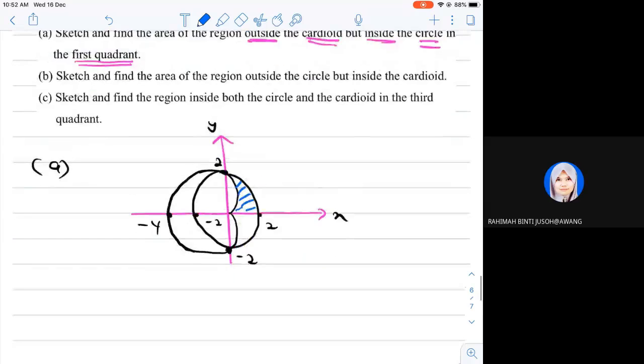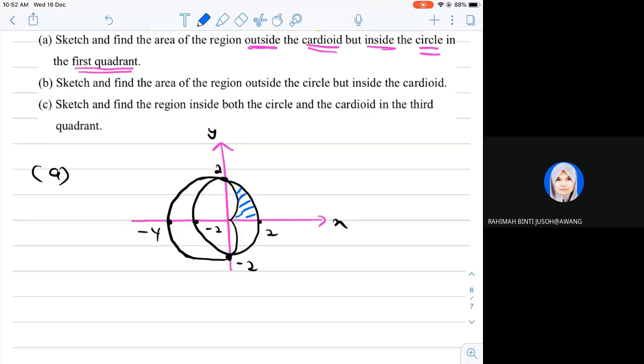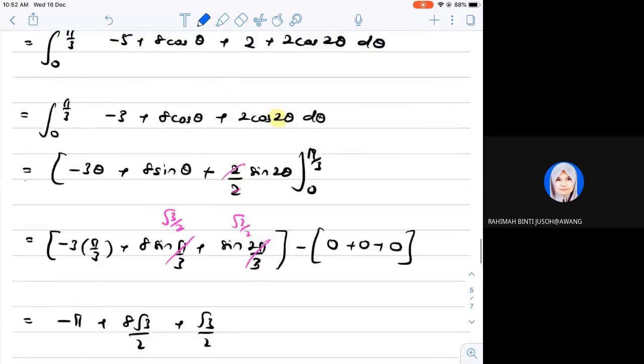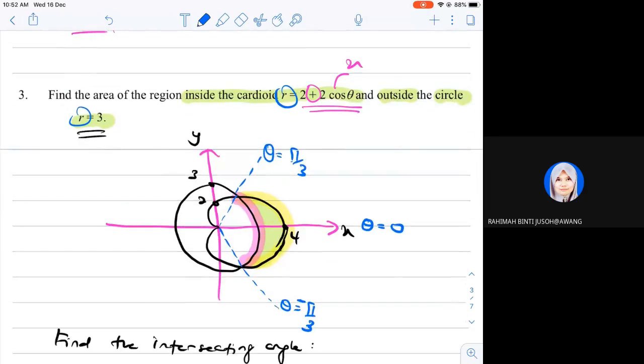Okay. Guys, this question is special because we have the same value, so no need for you to find the intersecting angle. We just know from the graph that here is theta equals 0, and above is theta equals pi over 2, because they intersect exactly on the axis. The intersection of both radii is on the axis, so we can directly take the angle from the graph. However, in the previous question, we cannot take the angle from the graph.